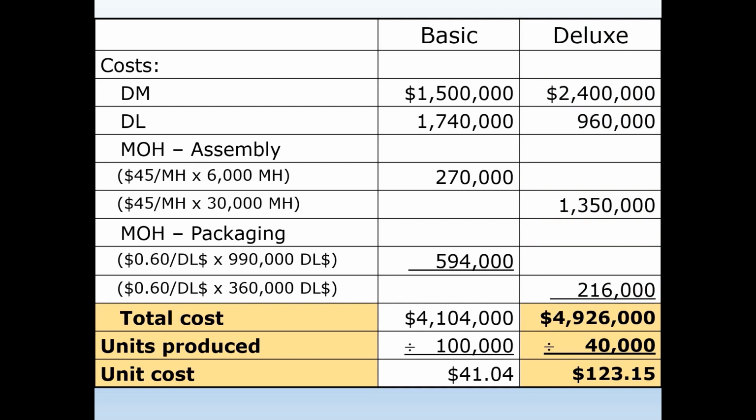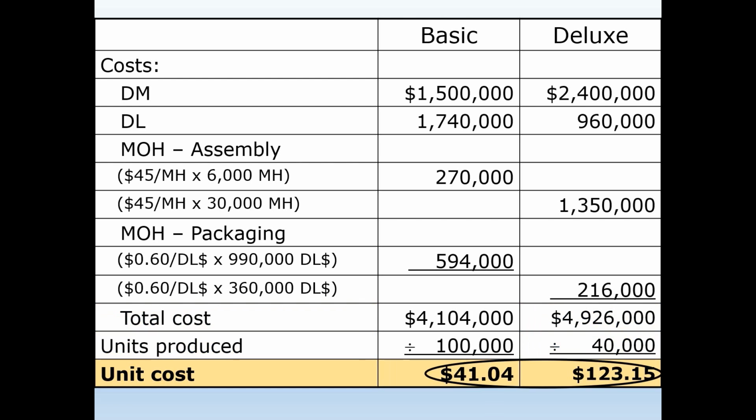Then we can divide by the number of deluxe units that were produced to get the cost per deluxe unit for the period. If the firm decides to go with departmental overhead allocation rates, it would understand the basic units to cost a little over $41 per unit to produce, whereas it would understand the deluxe units to cost over $123 each to produce.